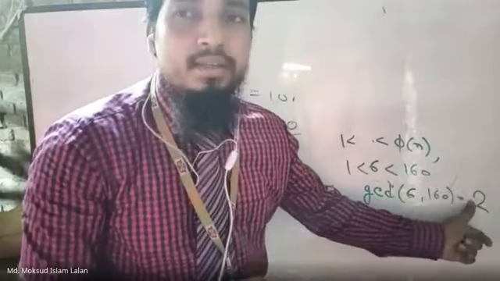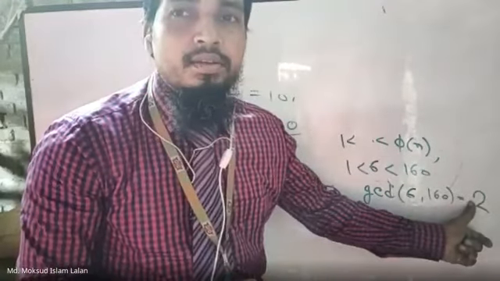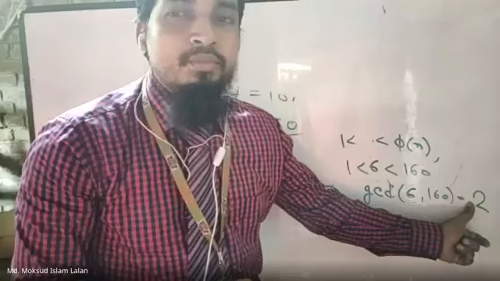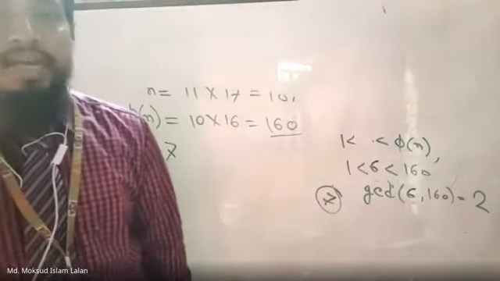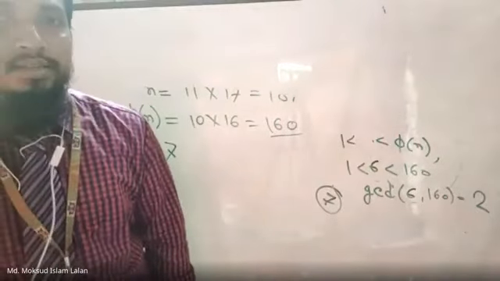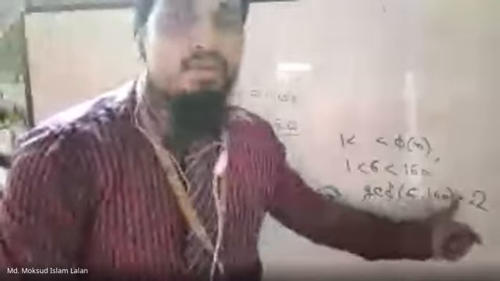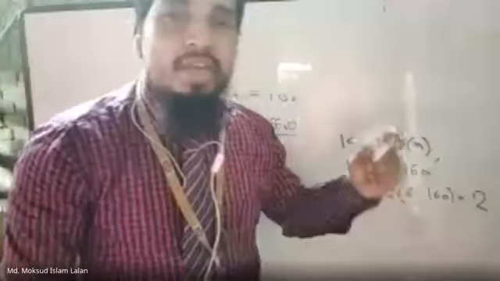Since 6 and 160 are both even, the GCD will be at least 2.